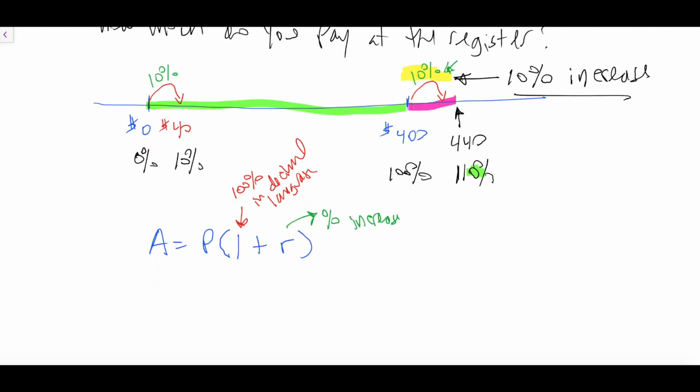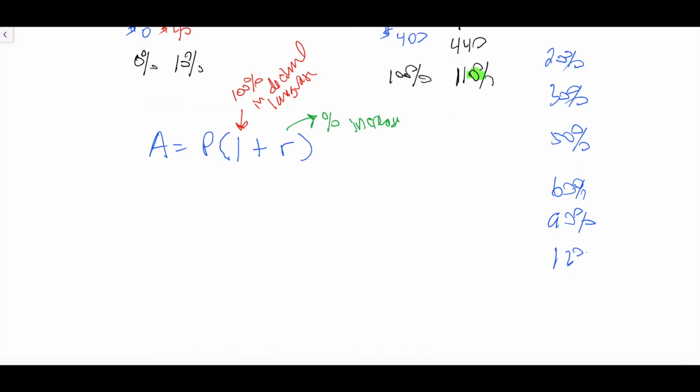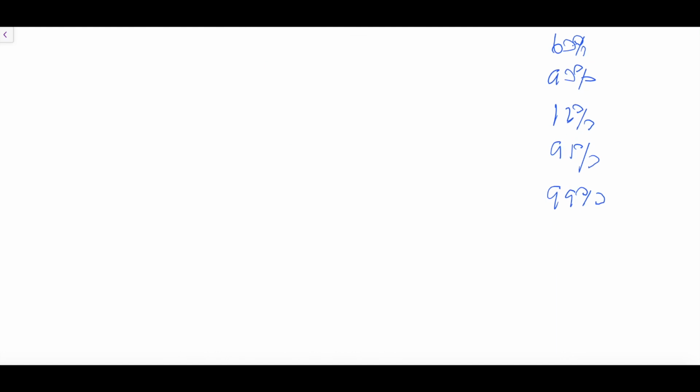So why is 1 100% in decimal language? Let's see. I want to do 20%, 30%, 50%, 60%, 90%, 13%, 91%, 99%, 99.999%, and 100%.